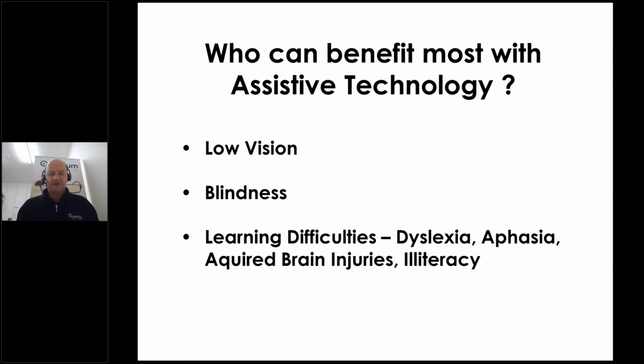And assistive technology would assist the most people who have low vision, people who have blindness, and people who have learning difficulties. So I suppose low vision is really determined when someone can't have their eyesight corrected through conventional methods such as surgery for the extreme cases, or conventional glasses or contact lenses.